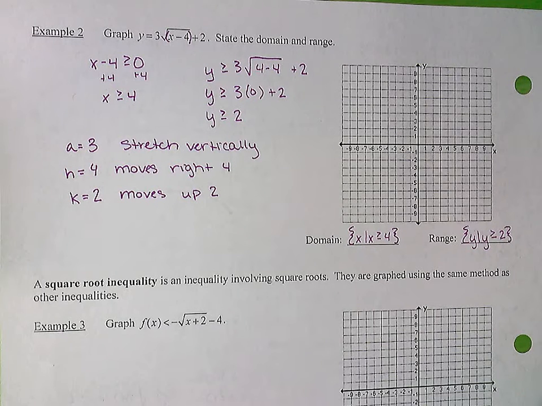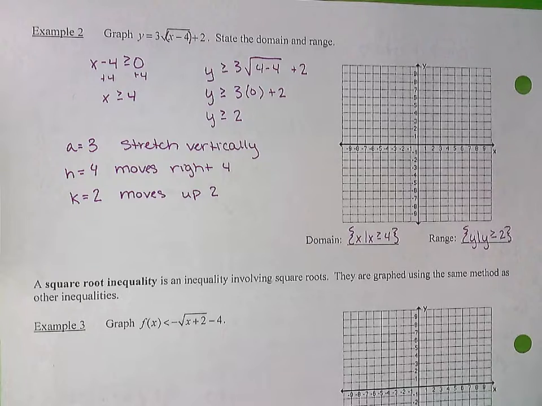You won't have to write it down, but you should think about it because these aren't the only graphs that are going to use those. So A, H, and K in every single graph are always going to be the same. A is going to stretch it or change it, H is going to move it left or right, and K is going to move it up or down. So once we do more graphs with other types, it'll get a little bit easier for you.